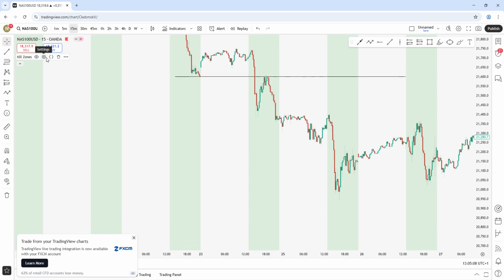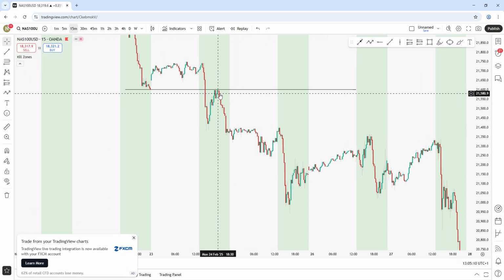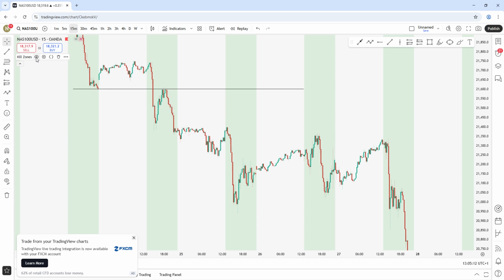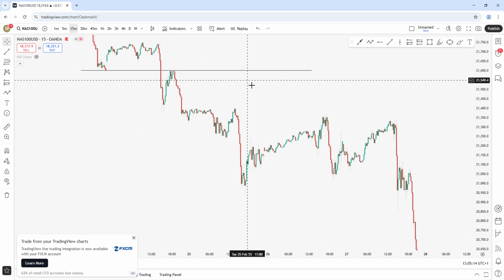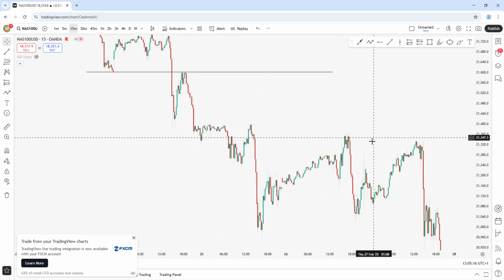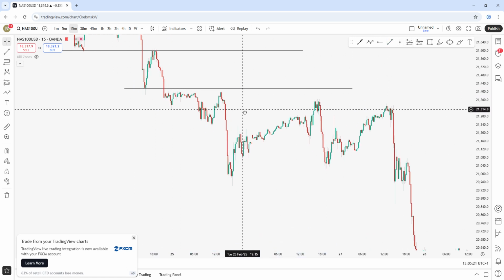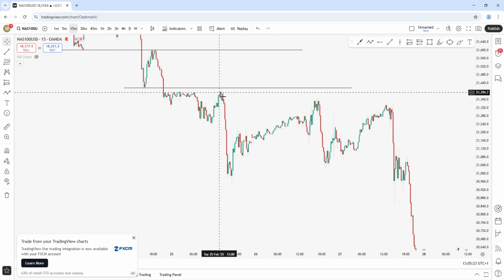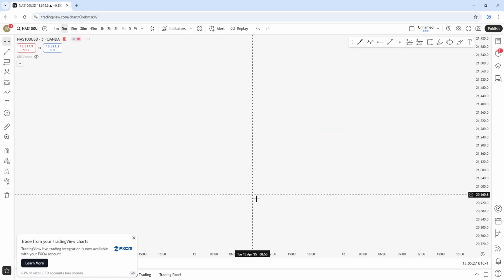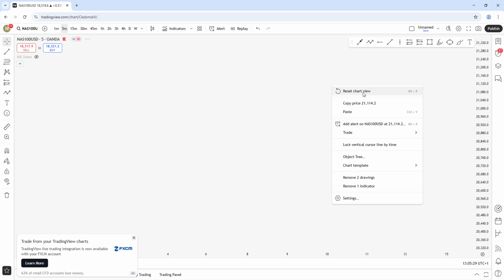But I would have never taken that, to be honest. It was too late of a session, towards the end of the session. And then we have another one. Look here, it never broke. I might have taken that.